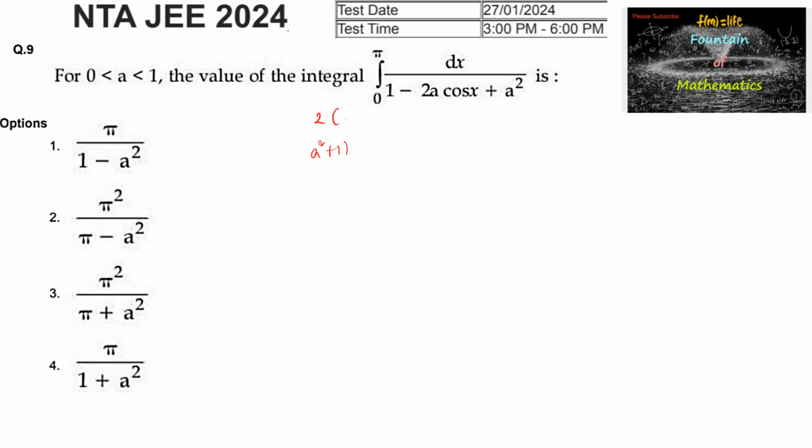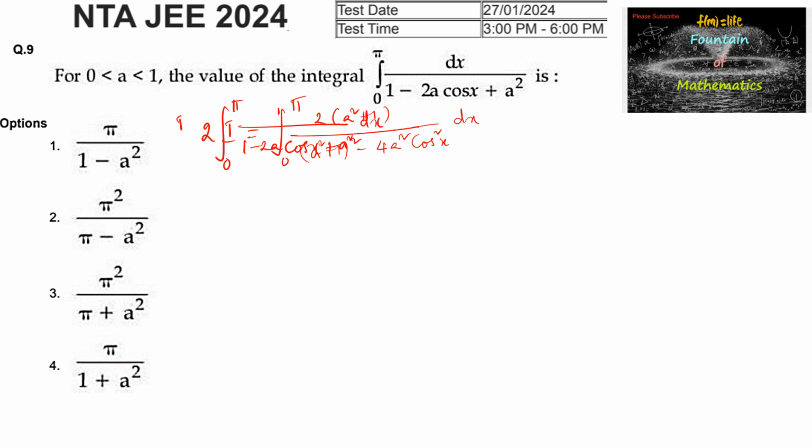For a lies between 0 and 1, the value of the integral from 0 to pi of 1 upon 1 - 2a cos x + a square dx is.